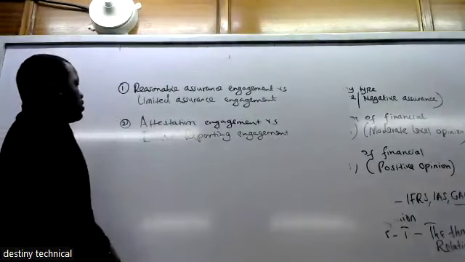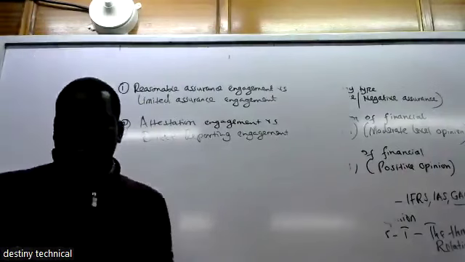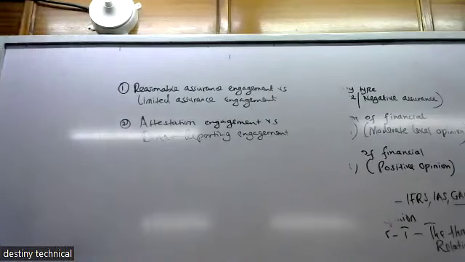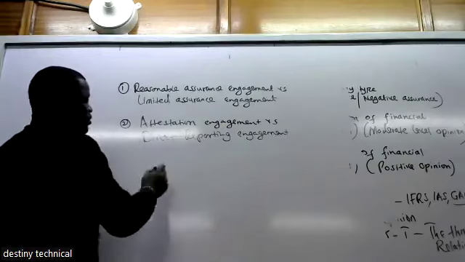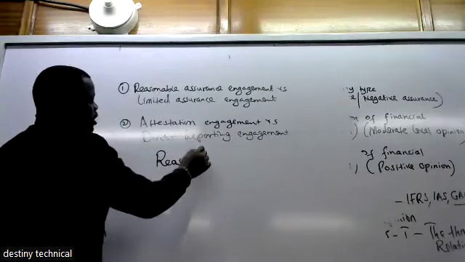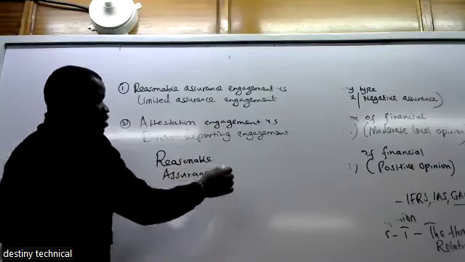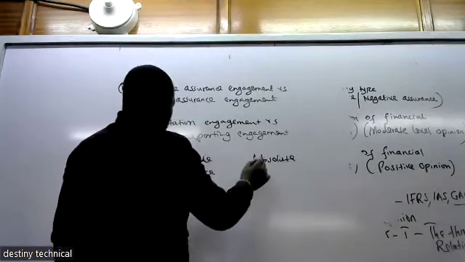So let's start with the first one, reasonable assurance engagement and limited assurance engagement. When we began this unit, we said auditors are normally expected to provide reasonable assurance and not absolute assurance.